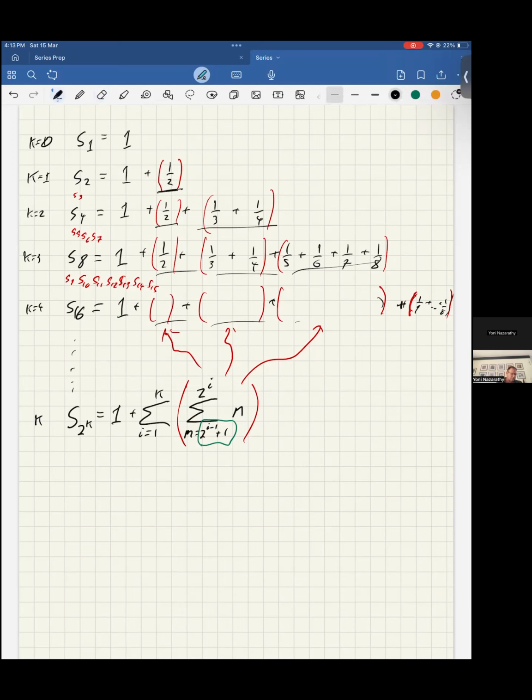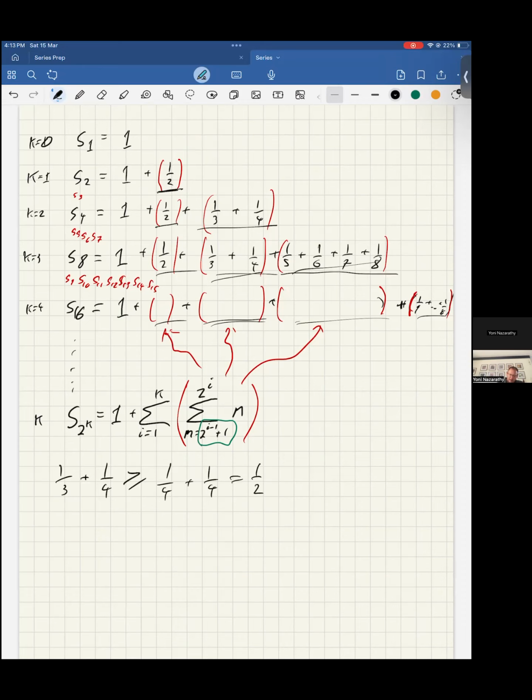And now what we're going to do is find a lower bound for each of these guys. Let's notice that a third plus a quarter is greater than a quarter plus a quarter, and that's a half.